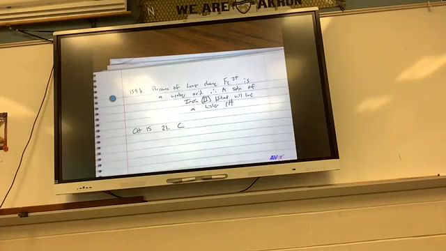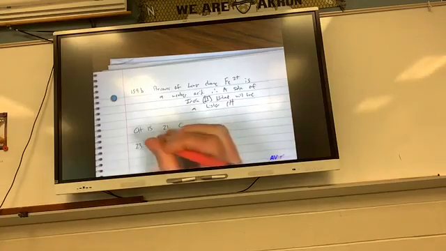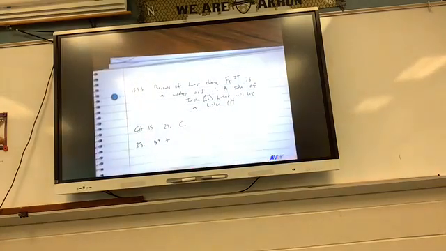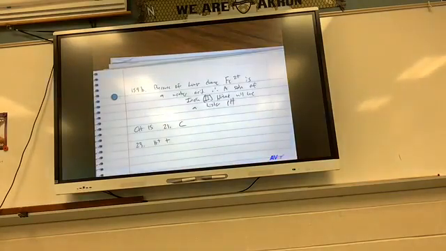23. A certain buffer is made by dissolving NaHCO3 and Na2CO3. Write equations to show how this buffer neutralizes H plus and OH minus. Okay, so let's do H plus first. What is going to be able to take up the H plus in both of these?